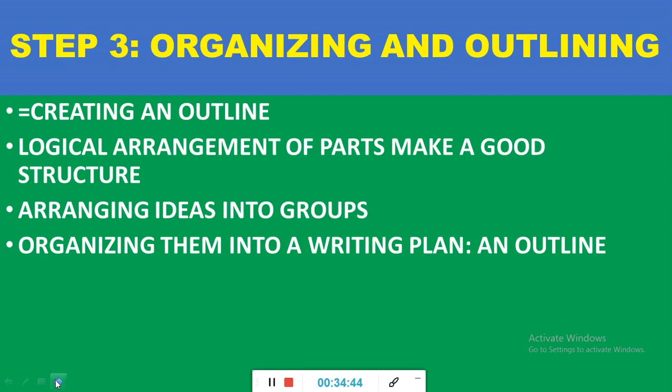Every piece of writing has its features. Of course, the structure of an article is different from the structure of a letter in terms of the features, because a letter has an address or addresses depending on the type of letter you are writing.